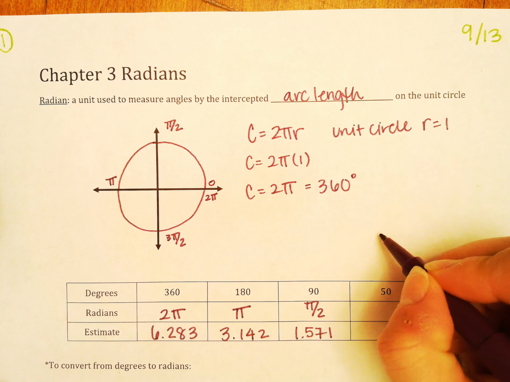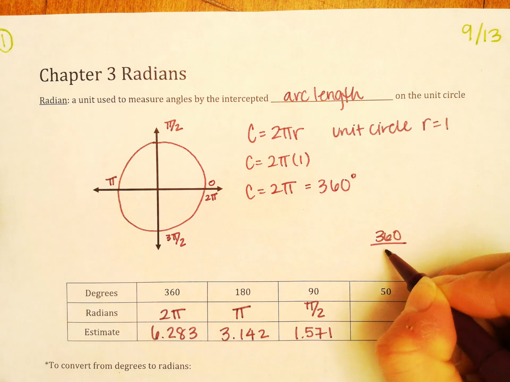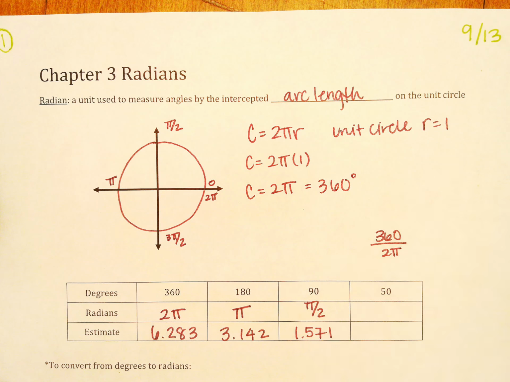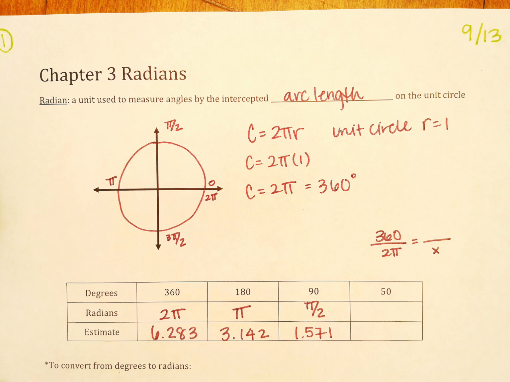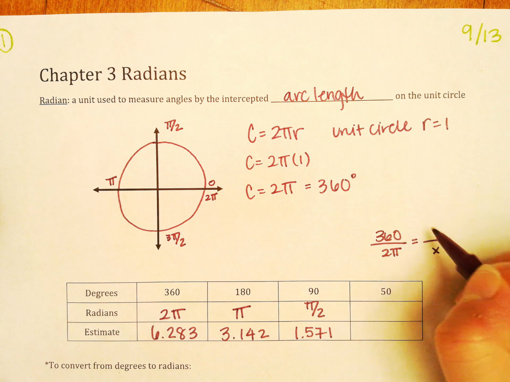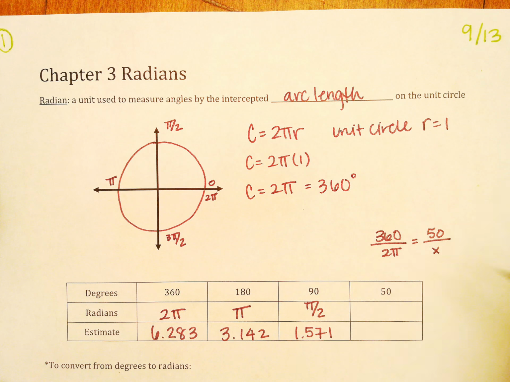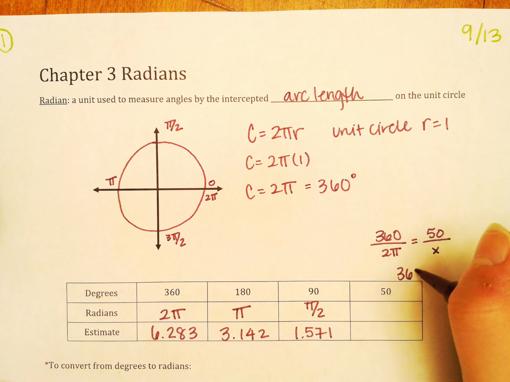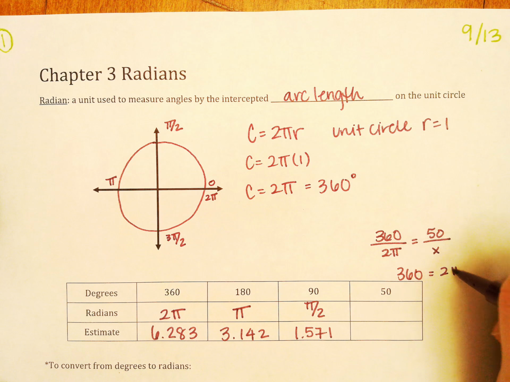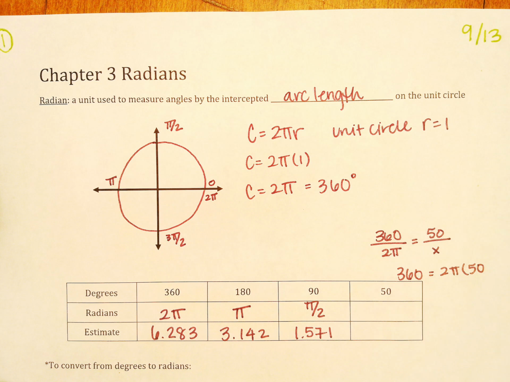So if I know that 360 degrees is equivalent to 2 pi, so this would be the whole, I want to figure out what it would be in radians, so I'm trying to figure out what it would be on the bottom here out of 50 degrees. So 50 degrees on top, radian measurements on the bottom. So I can cross multiply and solve. I'll get 360 equals 2 pi times 50, oops, x. And then I would divide both sides by 360.